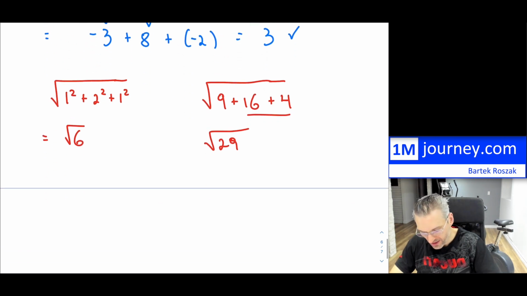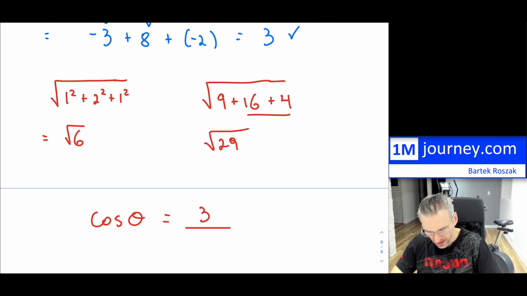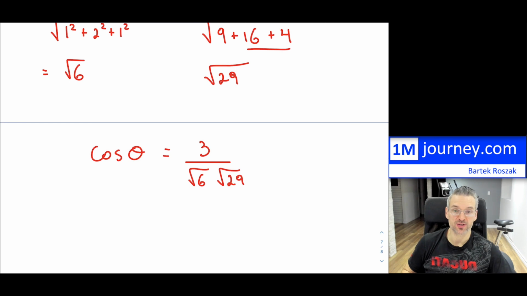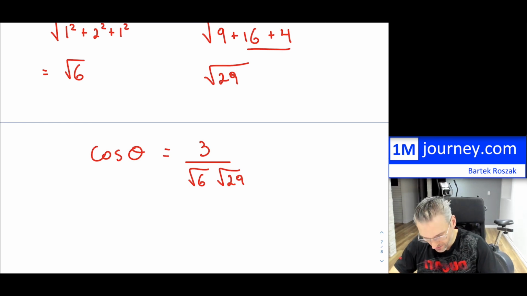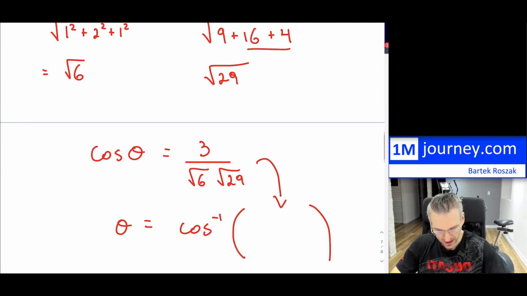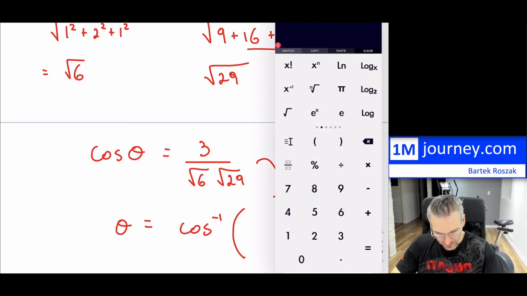So what we have is, we can say cos theta is equal to the dot product, which was 3, divided by the multiplication of the two magnitudes. Let's try to find my angle. So this is going to be cos inverse of all of this in here. I'm not going to rewrite it, but I can take out my calculator and pop it up.